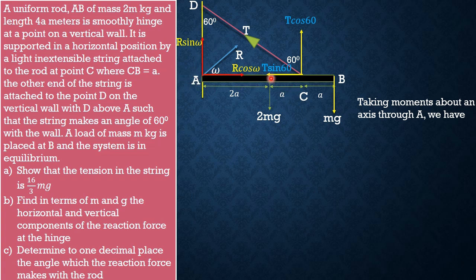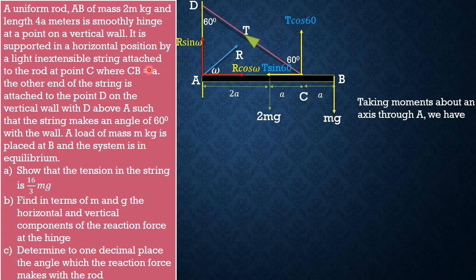The three forces that are going to bring about moment about this hinge are the weight of the rod, the mass that is placed at B, as well as the vertical component of this tension. Those are the three forces that are going to try to cause some moment.